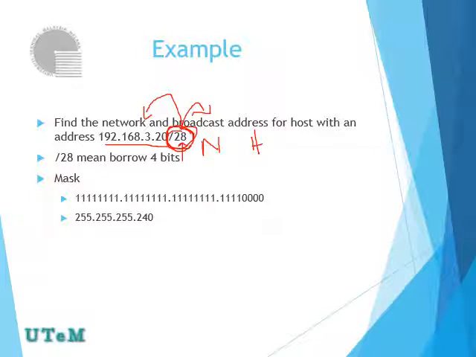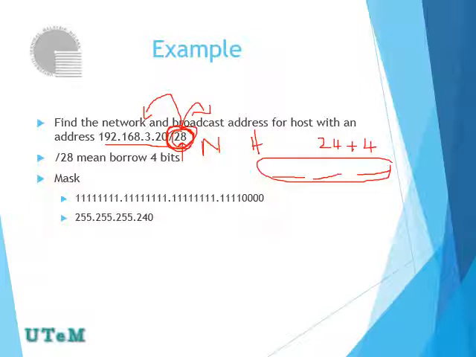Over here we know that /28 means 8, 16, 24, so all ones in the first 3 octets, total 24. Now we have 4 remaining bits. 24 plus 4 becomes 28.